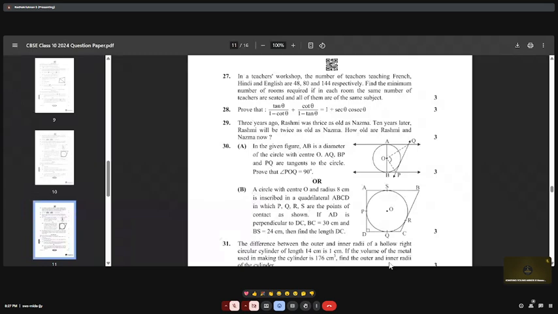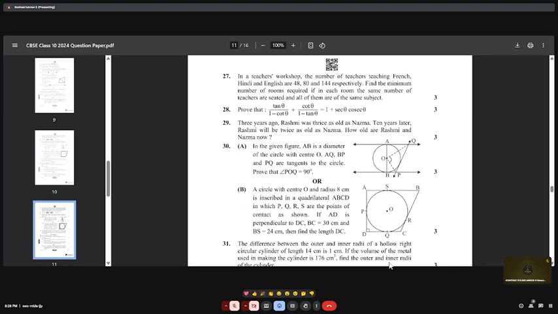So Rashmi's current age, let's say X, and other is Nazma. Can you repeat? Rashmi is what? Rashmi, 33 years old. Nazma, 13 years old.